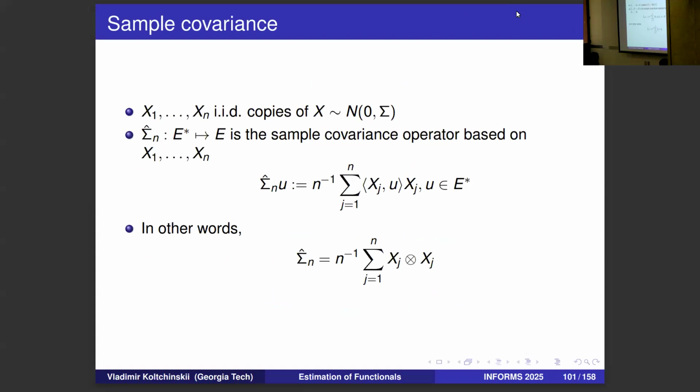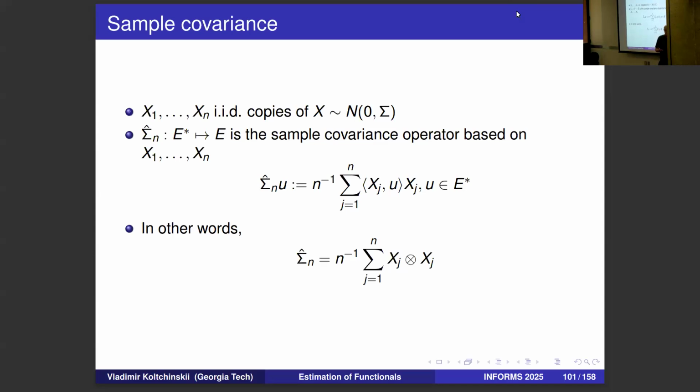So now we can, of course, take as a natural estimator of the true covariance the sample covariance, right? The sample covariance is the sample mean that corresponds to the true covariance.